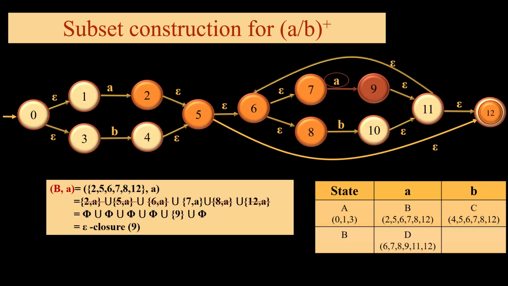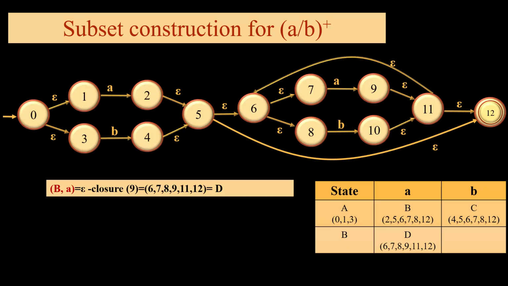So we will take epsilon-closure of 9. Epsilon-closure of 9, 9 will itself be included. We move to 11, 6, 12, 7 and 8 on epsilon move only from 9. So epsilon-closure of 9, that is B comma A, is a new set 6, 7, 8, 9, 11 and 12.